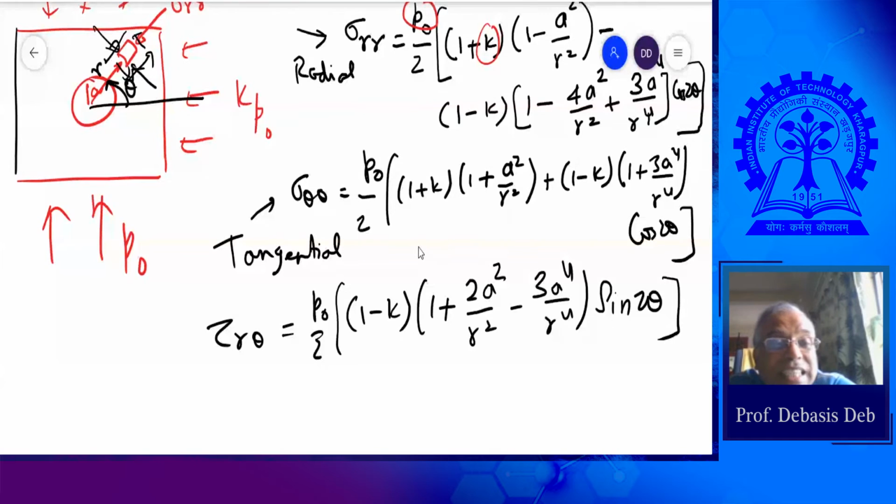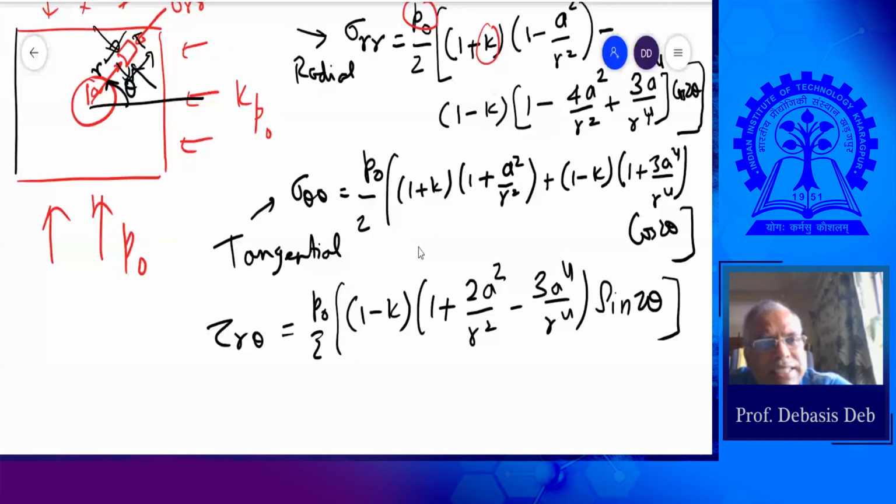A very significant drop or increase will happen in all three components. That's a very important thing. Another is that it is also related to theta, in two theta terms, not theta terms. So you can see that the Mohr circle type of concept is coming here also.